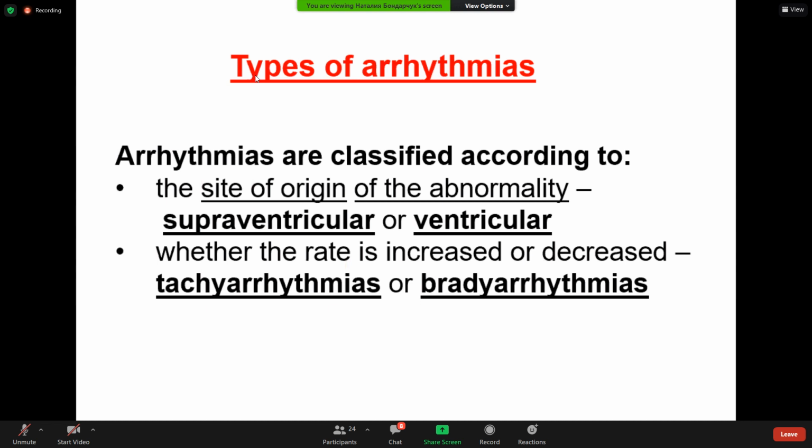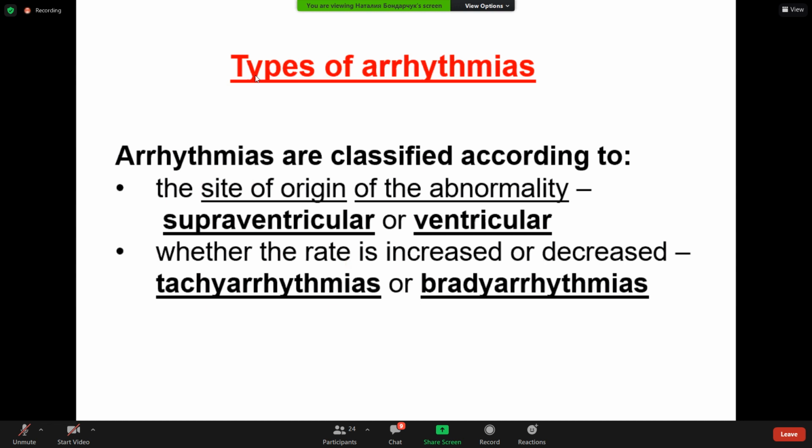Types of arrhythmias. All arrhythmias can be classified according to the site of origin of the abnormality, supraventricular or ventricular. And when we speak about therapeutic uses of antiarrhythmic drugs, we'll speak on what types of arrhythmia, according to the site of origin or localization, they will be used for.